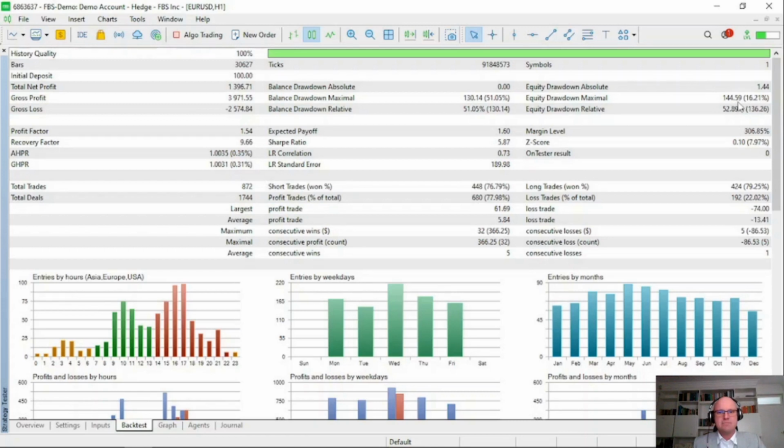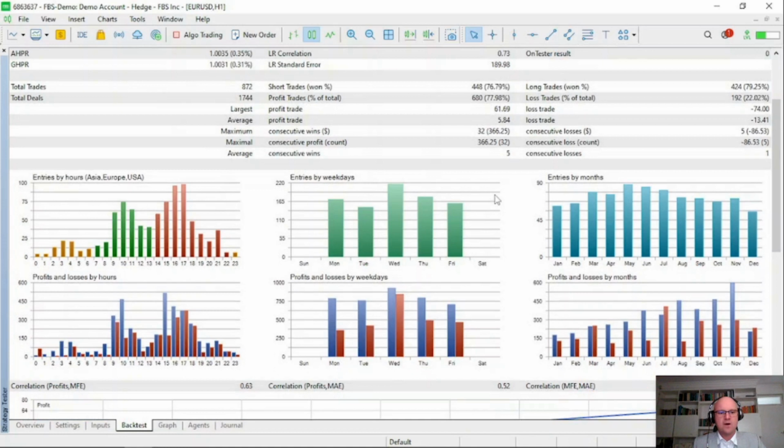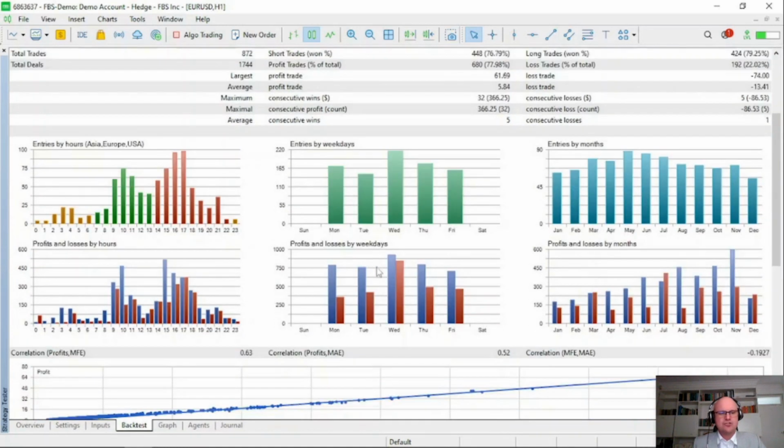Even over this maximum period of 5 years, drawdown peaked at 16.21% with the set stop loss and take profit. If we look at the distribution by months again, you'll see that July, which is a spring break in Europe and the US, the two main houses for this currency pair, has a major loss.